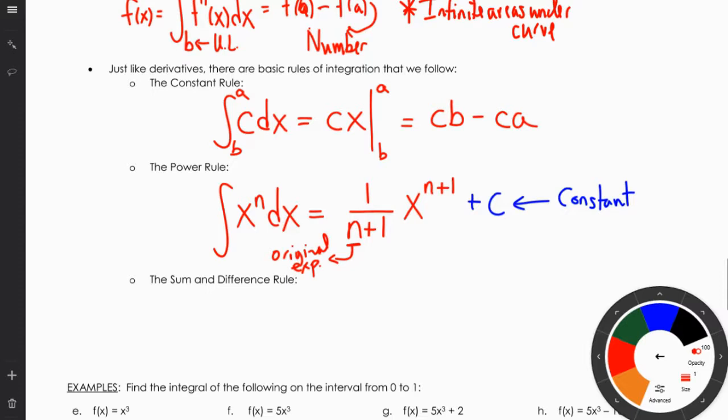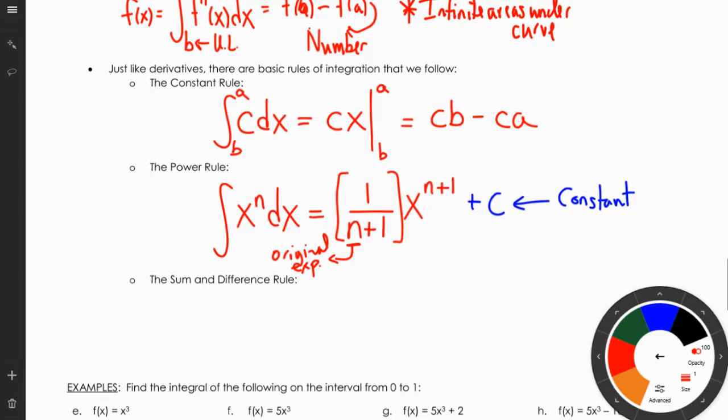Okay, but this is our basic rule: 1 over n plus 1 times x to the n plus 1. And you could write this as x to the n plus 1 over n plus 1 if it's easier for you. But you understand there will be a fraction that pops out. So this part right here is a number.